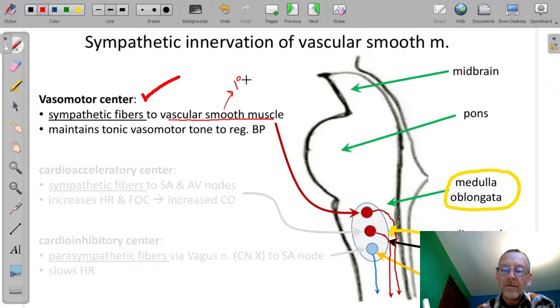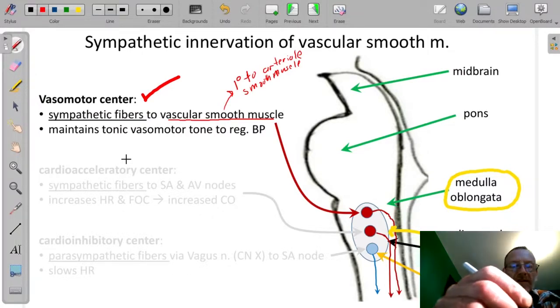That's one degree of shorthand for primarily, to arterial smooth muscle. So that's where you're going to get your vasoconstriction and vasodilation.